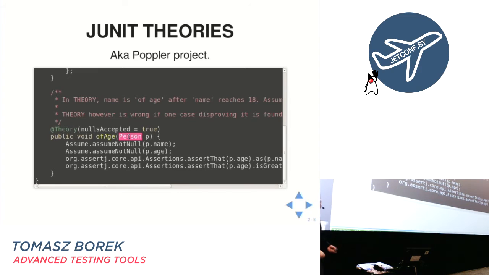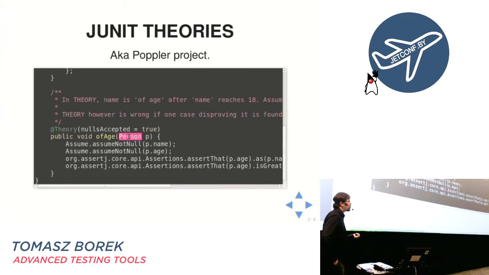Now, another thing which is actually quite fine is this. With theories, we also have assumptions. If assumptions are not met, the tests will be marked as skipped. Not failed, but skipped. Which may be different in your reporting, and you may want to react differently to it.